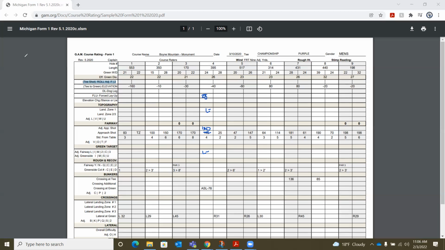For instance, maybe 100 yards rather than say 30 yards.